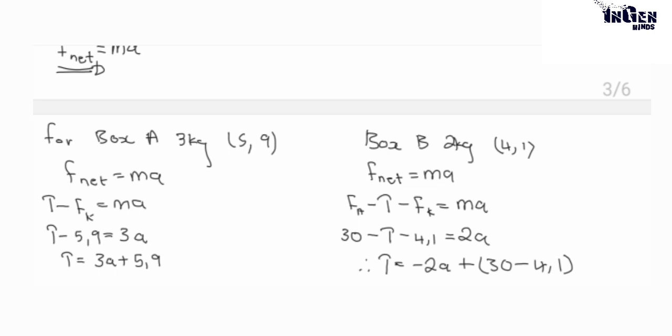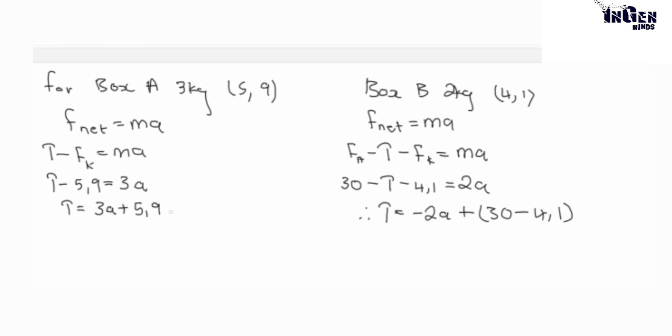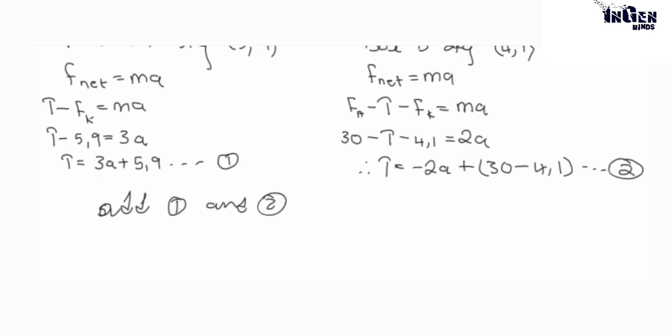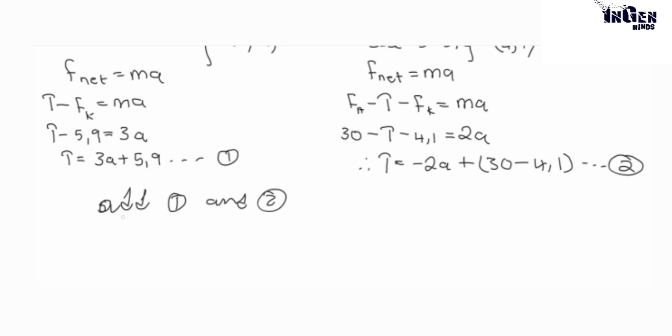Okay, so right here since we just created equation 1, which was from box A, and equation 2, which was from box B, let's just add 1 and 2, which simulates a simultaneous equation. Then we're just gonna substitute 3A plus 5.9 equivalent to negative 2A plus 30 minus 4.1.